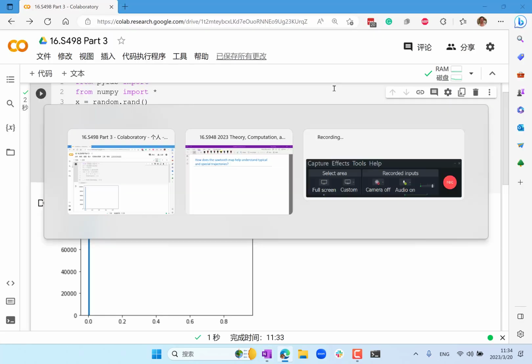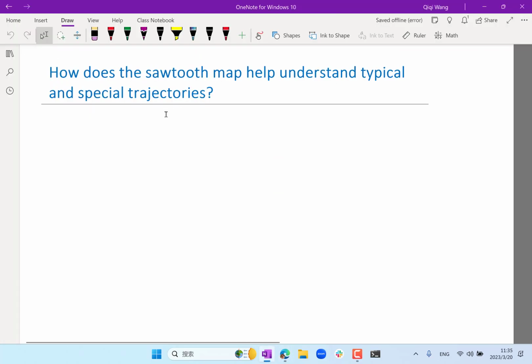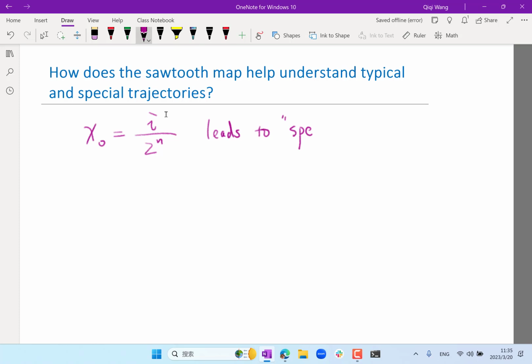So actually, any trajectory with x0 equal to any i divided by 2 to the n leads to special trajectories.